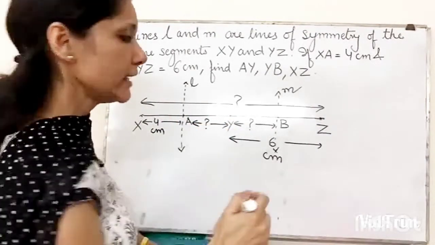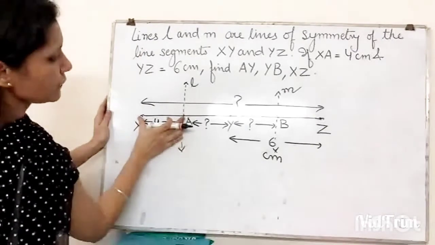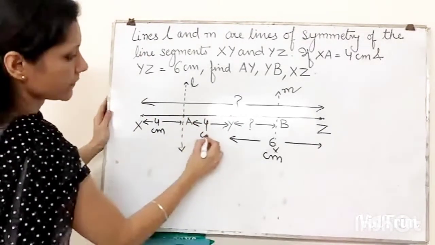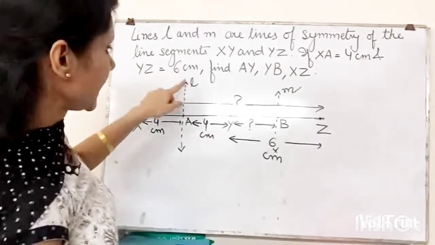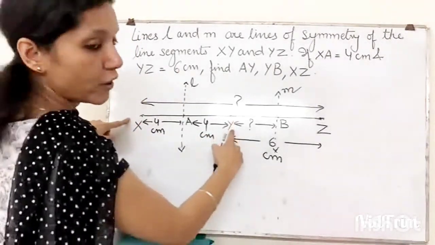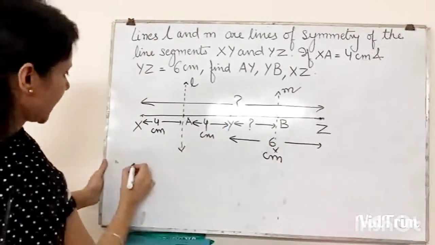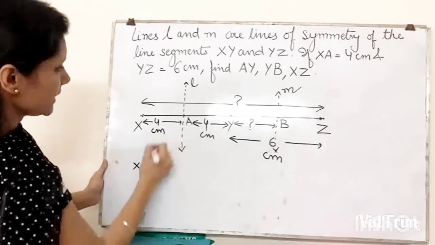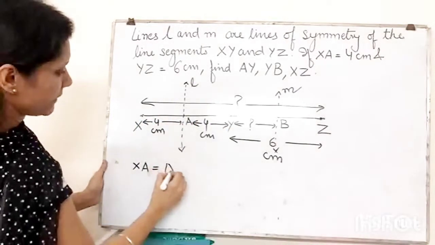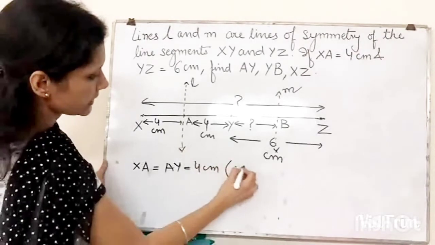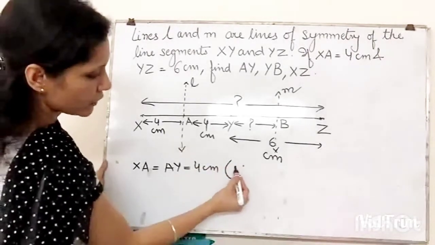So if XA is 4 centimeter, that means AY is also 4 centimeter. Why? Because line L is the line of symmetry of XY. So we will write XA is equal to AY equal to 4 centimeter. Give the reason.